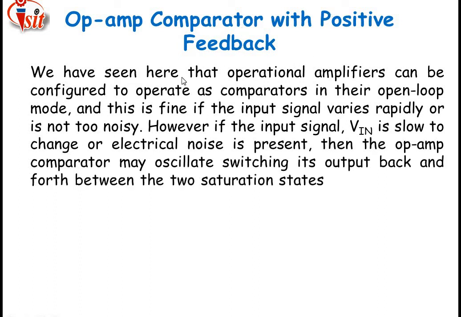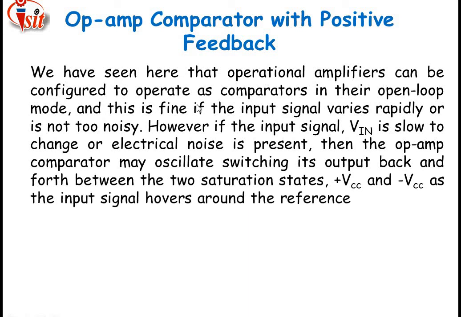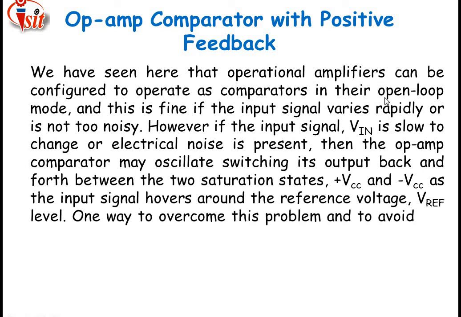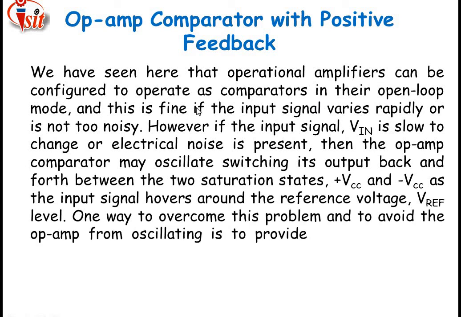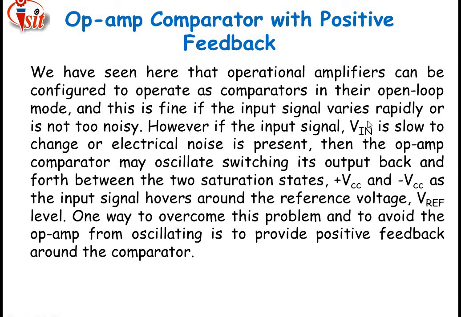Just see, we have seen here that an operational amplifier can be configured to operate as a comparator in its open loop mode, and this is fine if the input signal varies rapidly or is not too noisy.